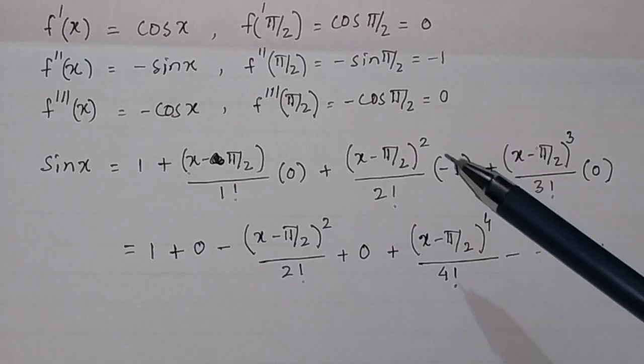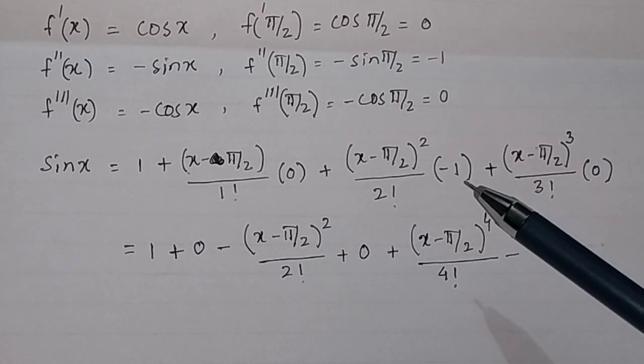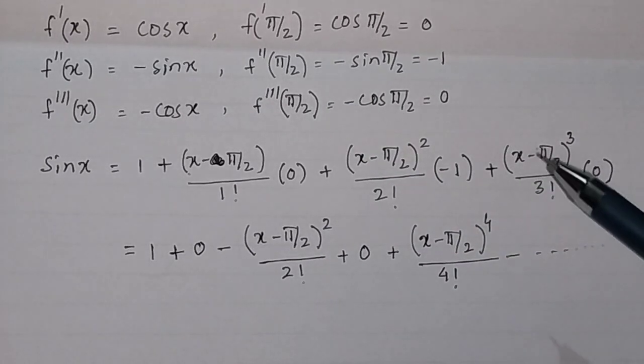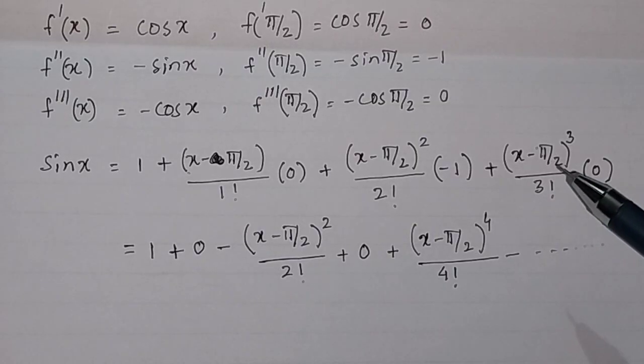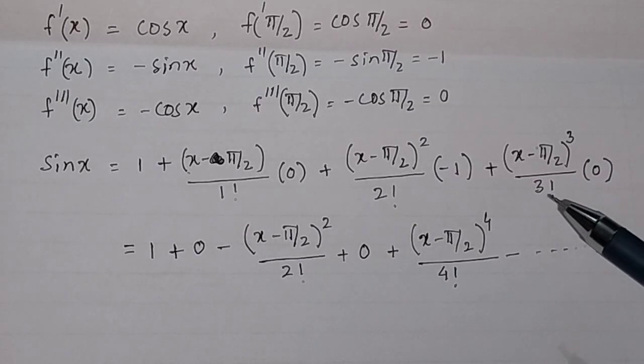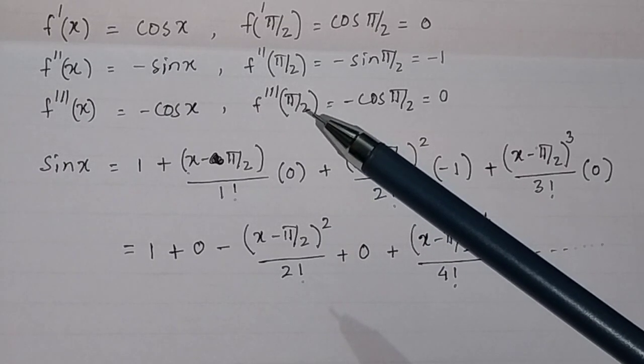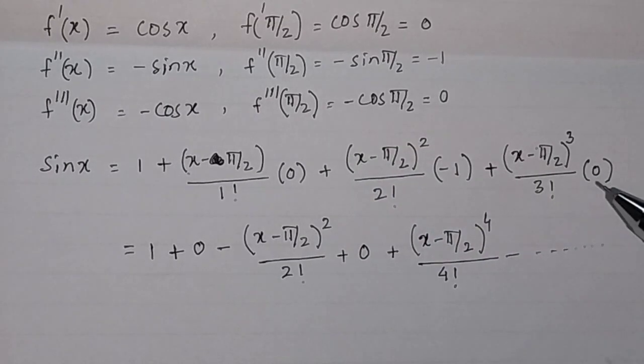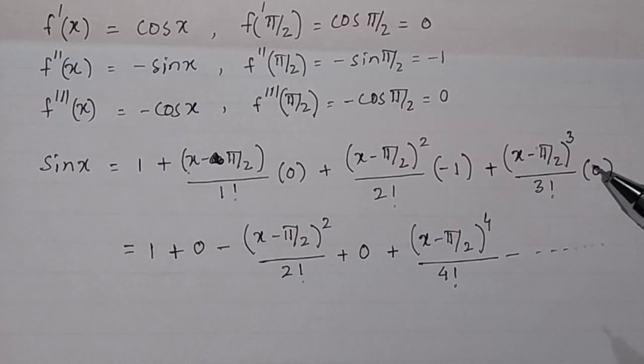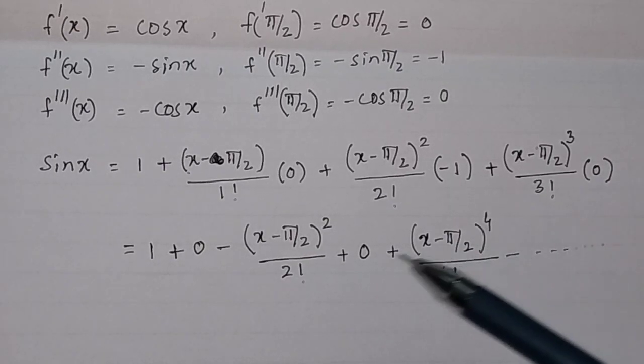That is equal to minus 1. So here it is minus 1, the second derivative. And the next term is x minus pi by 2 whole cube divided by factorial 3. And what is the third derivative of the function at x equal to pi by 2? It is equal to 0.